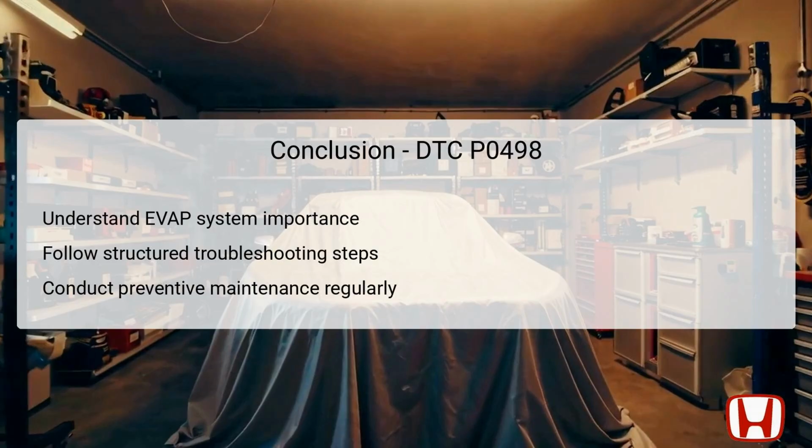Following structured troubleshooting steps ensures thorough diagnostics, enabling technicians to pinpoint exact issues efficiently. Additionally, conducting regular preventive maintenance can help avert future problems with the EVAP system and enhance vehicle reliability. By addressing these considerations, vehicle owners and technicians can work together to maintain the integrity of the emissions system and ensure optimal vehicle operation.